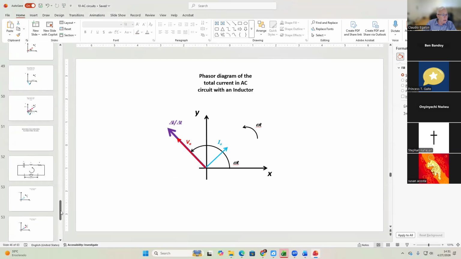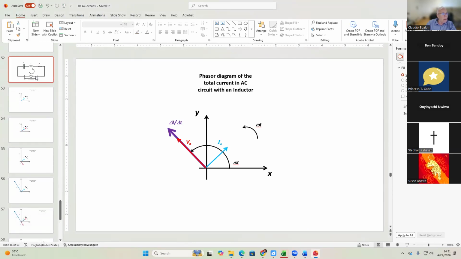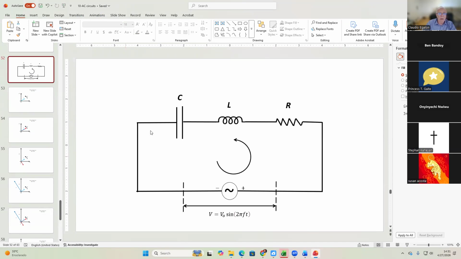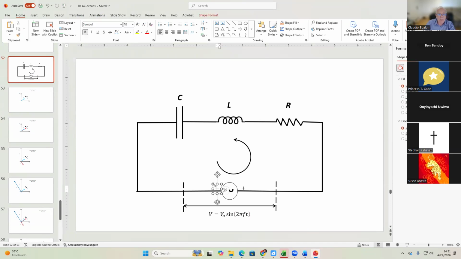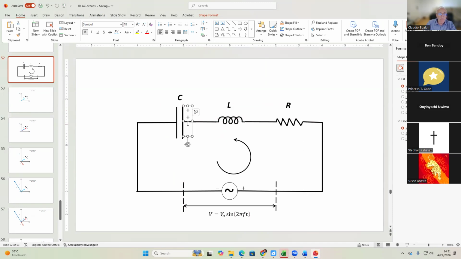Let me see if I have it here. This one here, doesn't look like I have it. Okay, I'm going to put the positive signs right here. If at a given instant of time, the polarity here is positive and the polarity here is negative, it means that the capacitor must have a positive polarity on the right side of the plate.